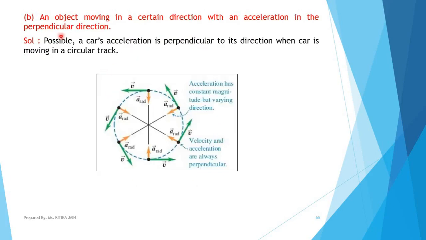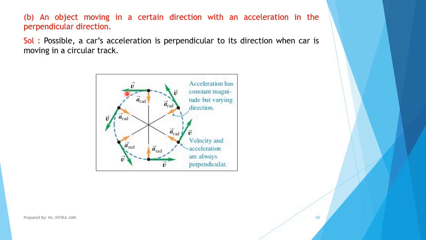Second part, an object moving in a certain direction with an acceleration in the perpendicular direction. Yes, this is again a possible case, as we have discussed in uniform circular motion. In this type of motion, at every point the direction of velocity changes.